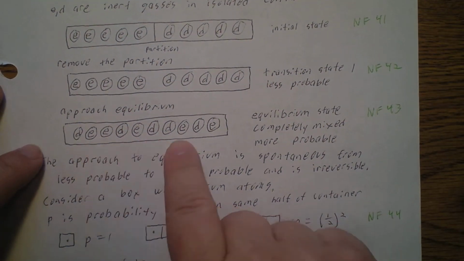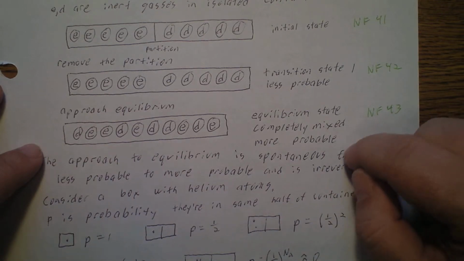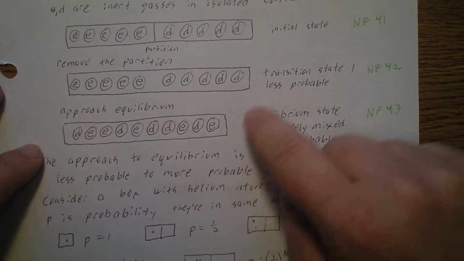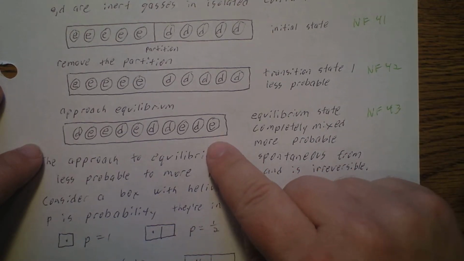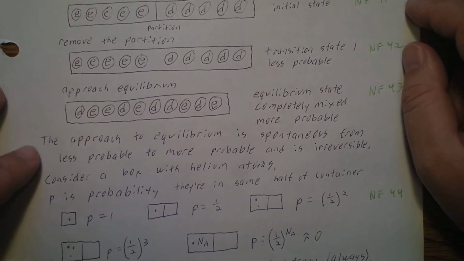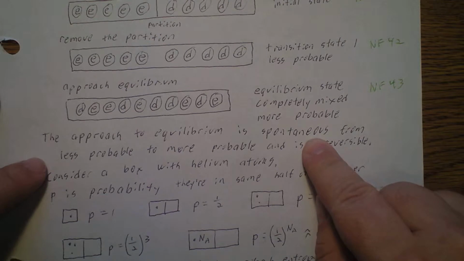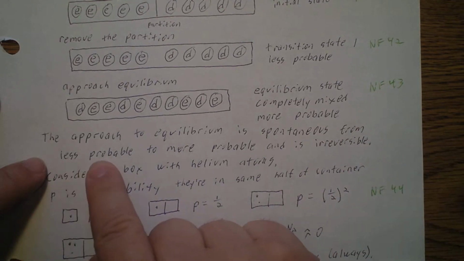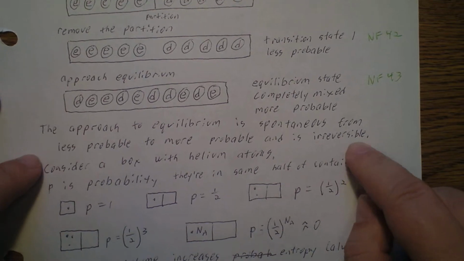On the other hand, when you have it completely mixed, there's so many different ways to do this, we would say that this is a much more probable state than this one, or the original. This is our equilibrium state, the D and E both mixed together. So the approach to equilibrium is spontaneous, from less probable to more probable, and it is irreversible.